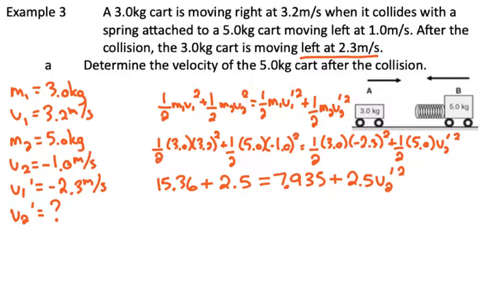Simplifying on the left, 15.36 plus 2.5 is 17.86, which will equal 7.935 plus 2.5 v2 prime squared.